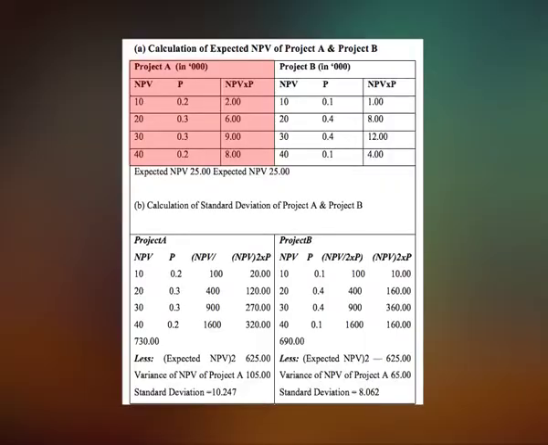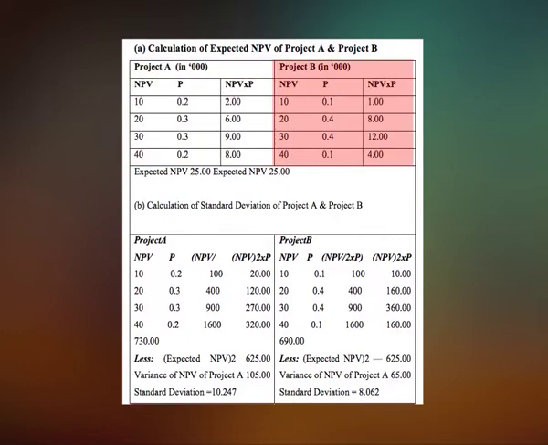Now we can see the solution. For the first one, calculation of expected NPV, that is net present value, of project A and project B. This is given in thousands. For project A, NPV is given as 10, 20, 30, 40. The probability is 0.2, 0.3, 0.3, 0.2. Then NPV multiplied by P is equal to 2, 6, 9, 8.